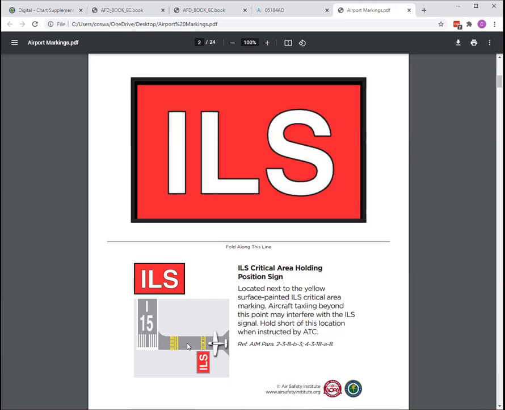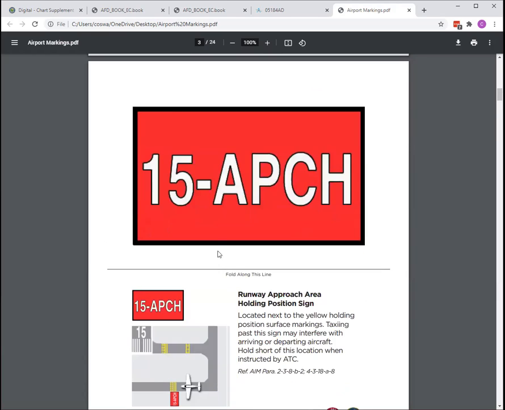At a tower airport, they'll tell you to hold short of the ILS holding line instead of the normal hold short line. It's just to help with the interference you would cause by being closer to the runway to the aircraft that's landing with the ILS system. I'm not going to talk about the regular hold short quite yet.